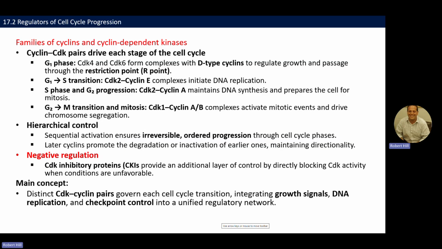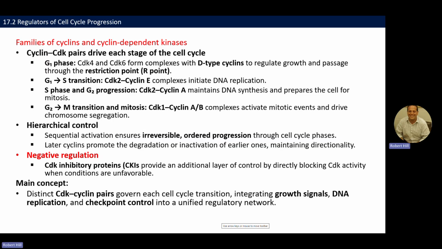At the G1/S transition, it's CDK2 and cyclin E that initiates DNA replication. Now we're in S phase. In G2, CDK2 and cyclin A maintains replication and prepares the cell for mitosis. Finally, CDK1 with cyclin A and B drives the mitotic events.